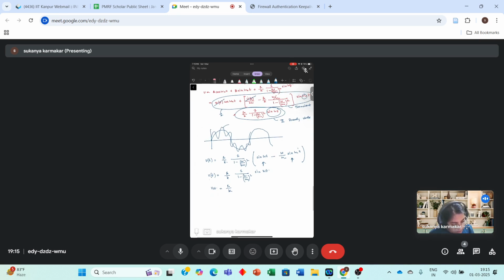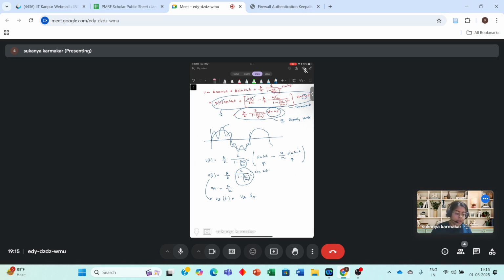So what I can write is u static, let's say as a function of time, will be this p naught by k can be written as u static into this term. I write it as RD, which is kind of a factor which is telling me whether my static response, because static means force is not changing with time.